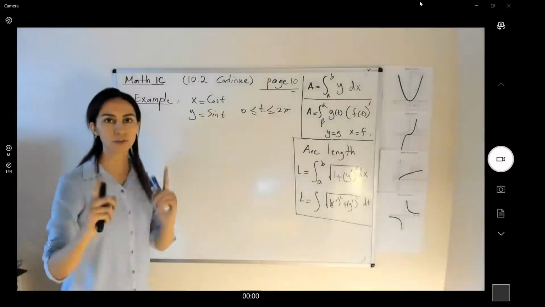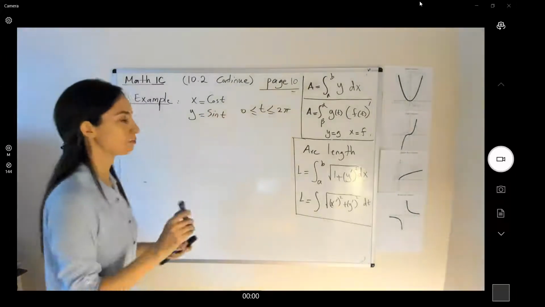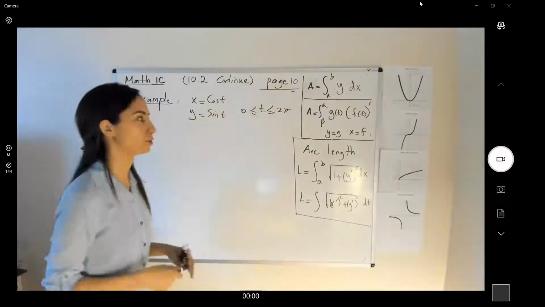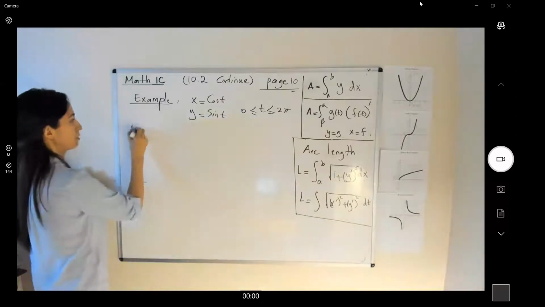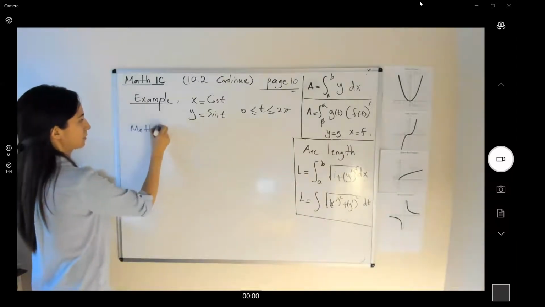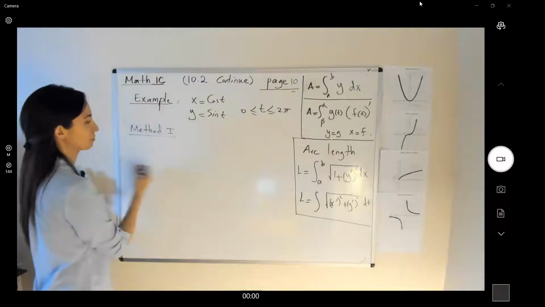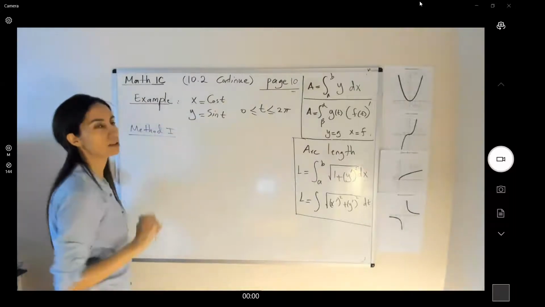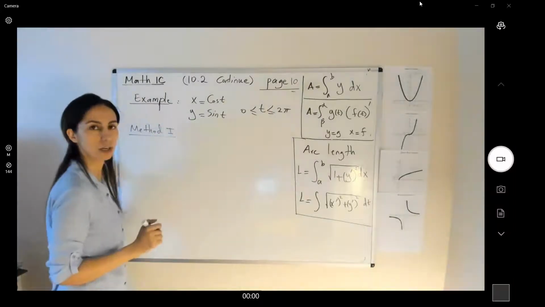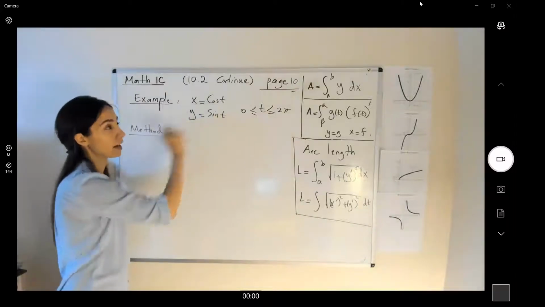So I'm going to give you two methods. One of them is super easy, you already know that. Method 1, the first method. So x is equal to cosine t, y is equal to sine t. I have cosine, I have sine.